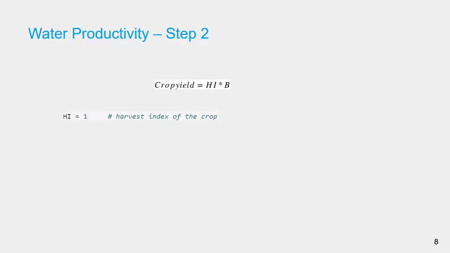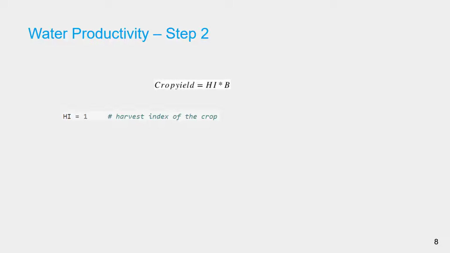The next step is to compute crop yield using this formula, harvest index multiplied by biomass. The biomass is what we already calculated in step 1, in kilogram per hectare. But the harvest index is considered as 1 for sugarcane, and WaPOR is also developed based on this harvest index.